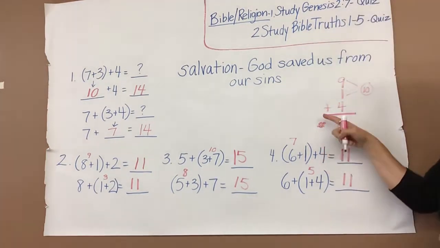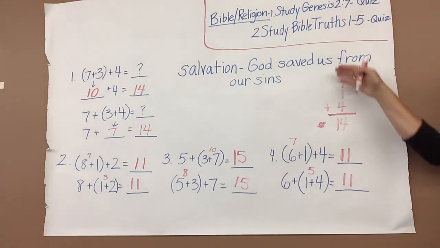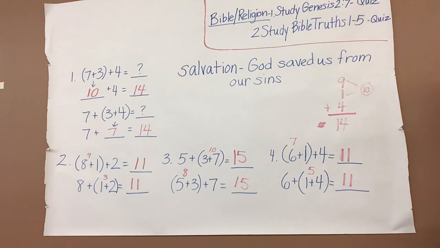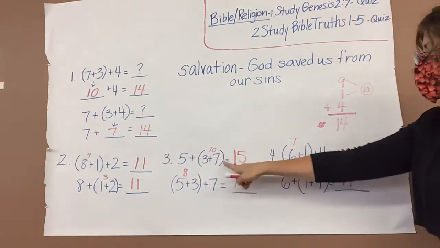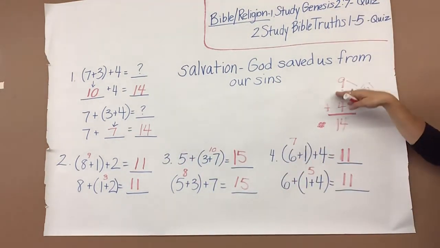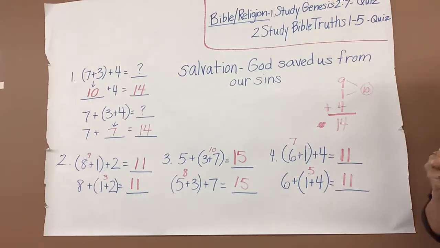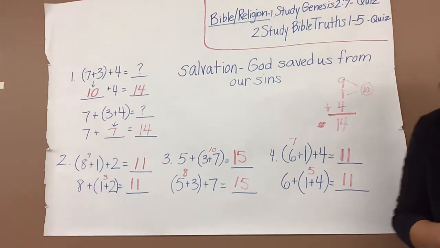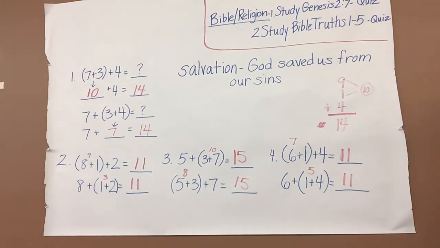When the addition problem goes up and down like this, that is your equal sign. When it goes across, that's your equal sign too. So you don't need to go back and put one of these right here. Don't do that anymore.